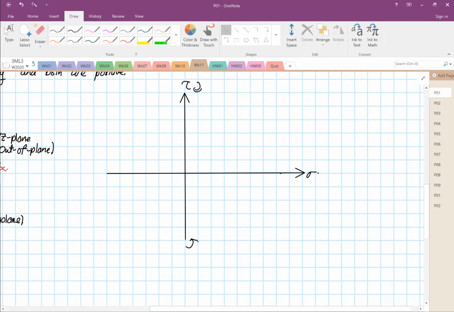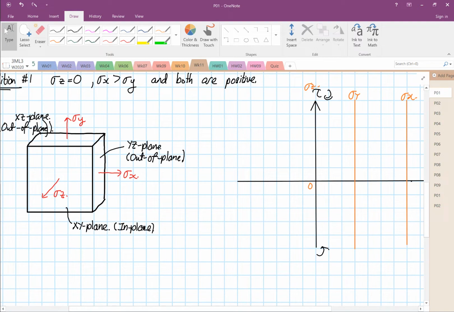So this is our stress X line. Okay, both are positive, so this is 0. So this is stress X, and then we are going to have a stress Y. Okay, so this is our stress Y, and then this is our stress Z line.